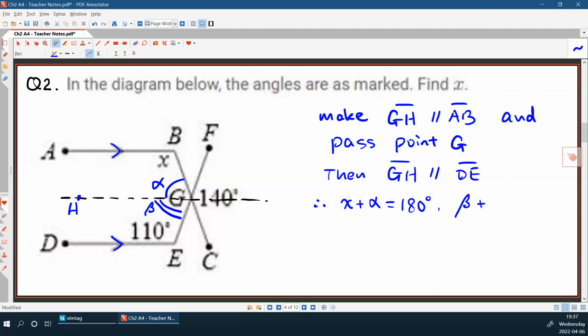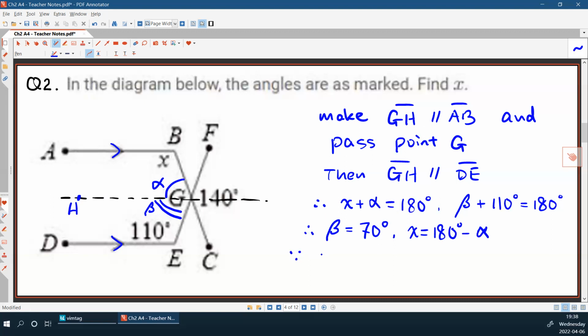Also, beta plus 110 degrees is 180 degrees as well, right? Do you follow me? Yeah. Therefore, beta is 70 degrees. And x is 180 degrees minus alpha, right?